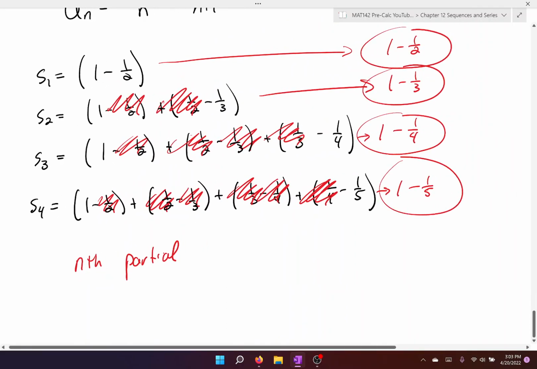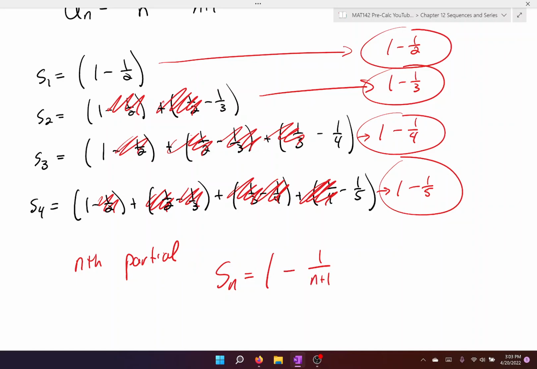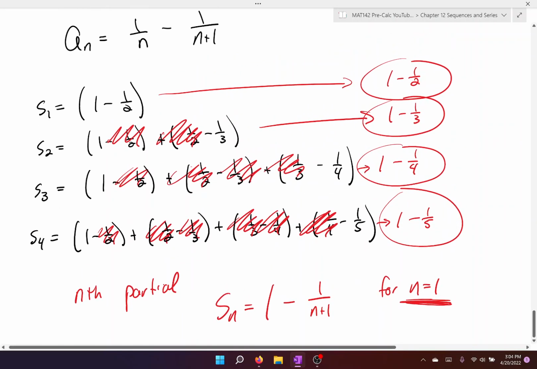All of them have a 1 in common. They all have a minus. The numerator is a 1. And then you have 2, 3, 4, 5, and so forth, so we're going to say n plus 1, for n equal to 1. The reason we start this at n equals 1, if you're asking, is because we started off with the first partial sum. So you've got to make sure all that lines up, okay?